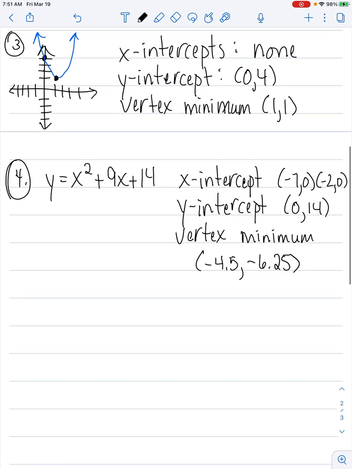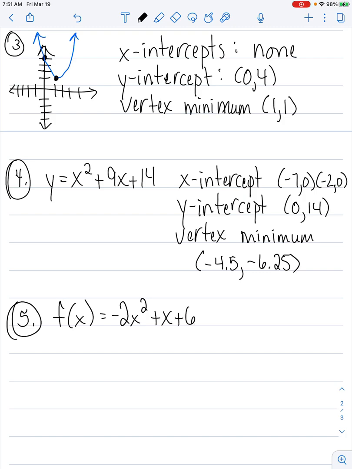And let's do one more example. If they give you f of x equals -2x squared plus x plus 6. I want to remind you here, f of x simply means y. So when you type that in your calculator, that's how you're going to type it.